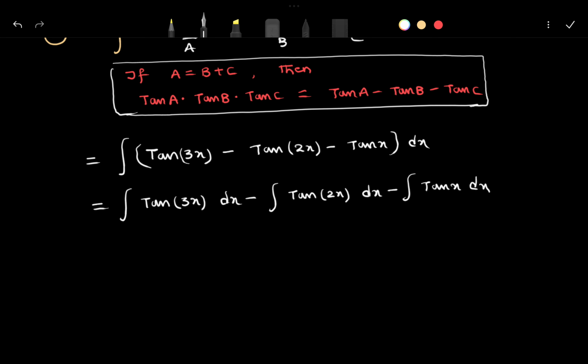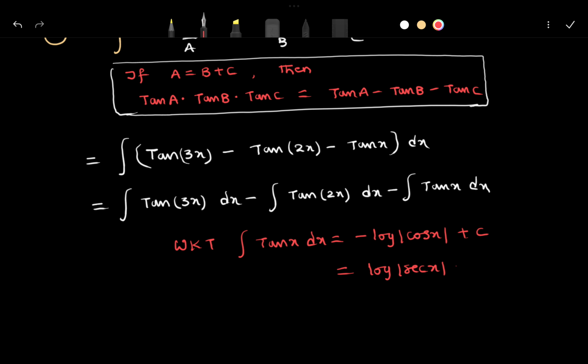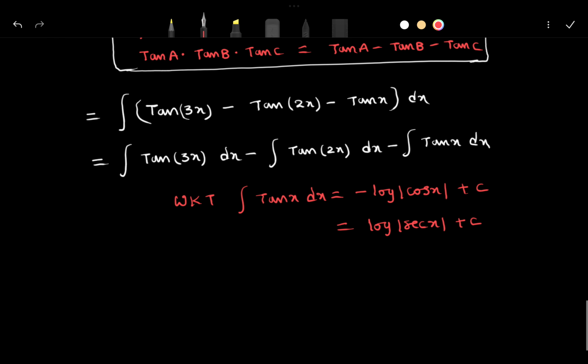Now we know the integration of tan x is minus log of cos x, which is equal to log of secant x. You can write it either in terms of cos or in terms of secant.